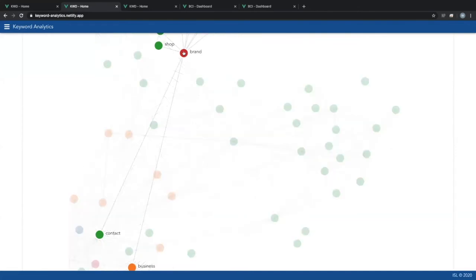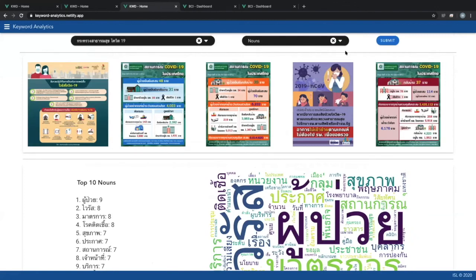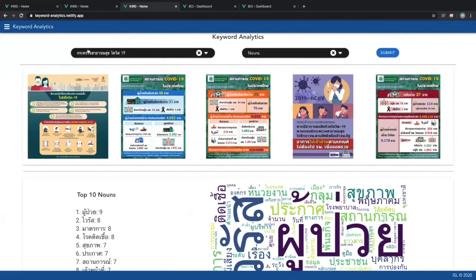Our platform can handle both Thai and English, and this is the current one that we do. It's an event from the Ministry of Public Health in Thailand. It says here กระทรวงสาธารณสุข, Ministry of Public Health, and COVID-19.